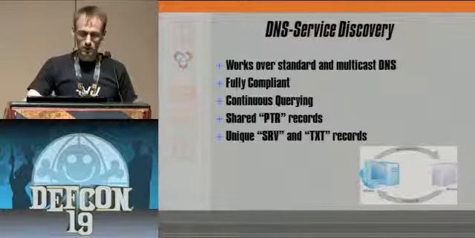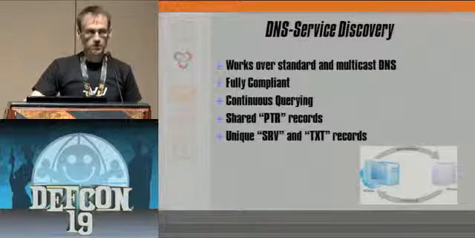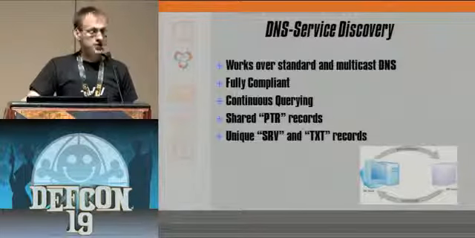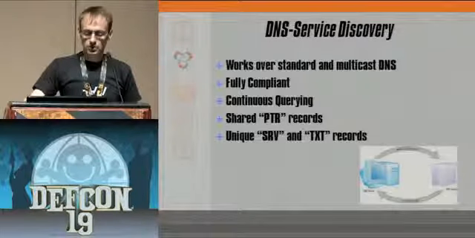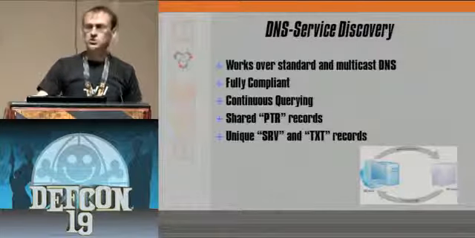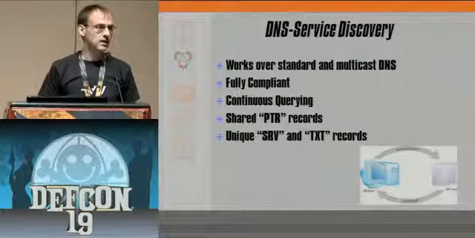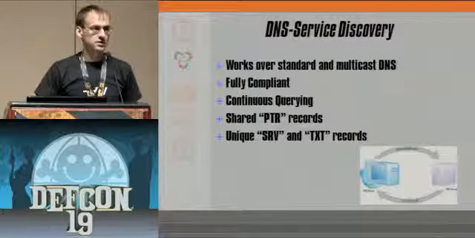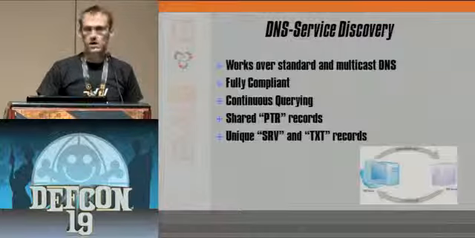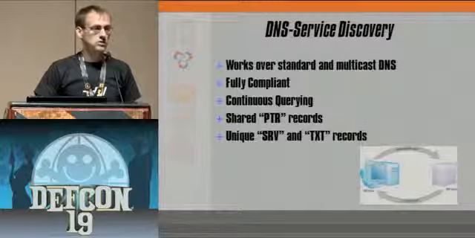Now, it's important to keep in mind when you're dealing with multicast DNS the shared records, because shared records in DNS service discovery work like this: let's say you have a community of hosts participating in multicast DNS and also DNS service discovery, and of those, let's say you have 5 that offer FTP services.